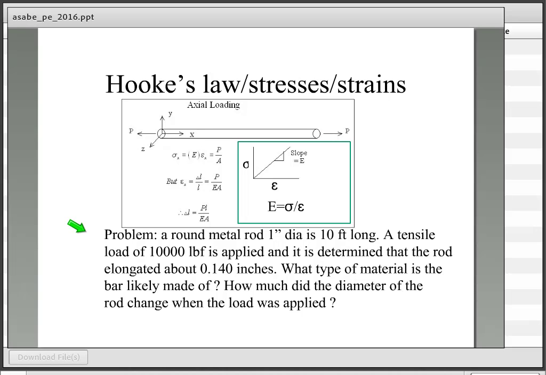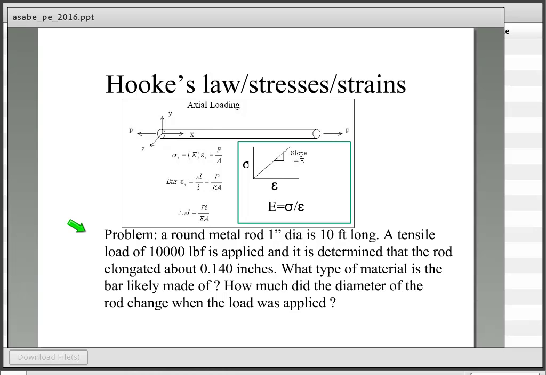We have a round rod, 1 inch in diameter, 10 feet long. Of course you might be accustomed to using metric units, and you might want to use metric units in an exam, but it's just a matter of doing the proper conversions. I have simply chosen to use the English units here.